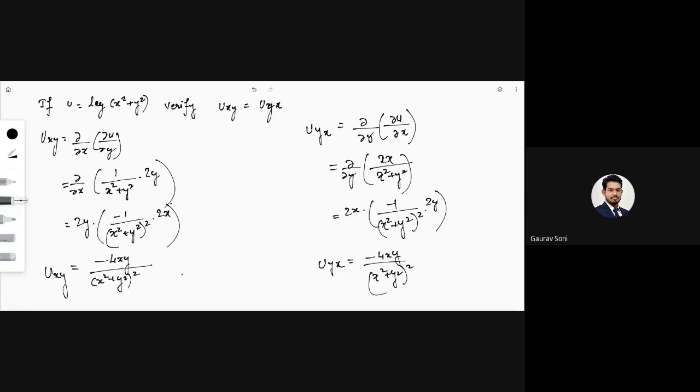So we can see that uxy is equal to uyx. And so uxy is equal to uyx.